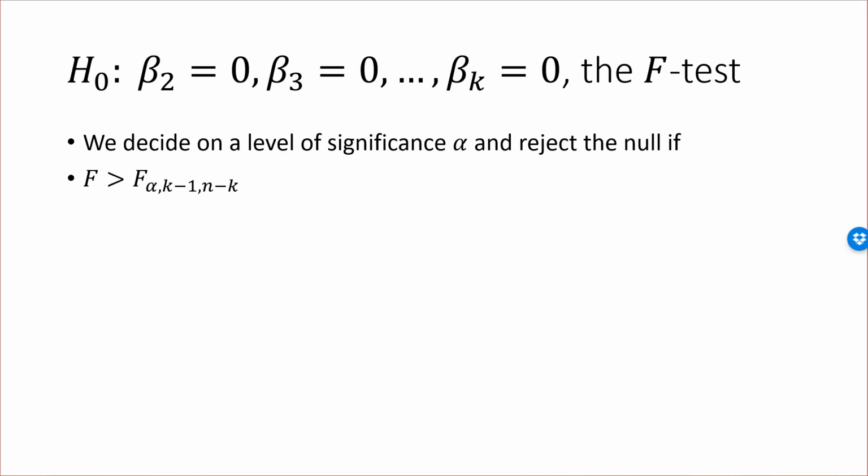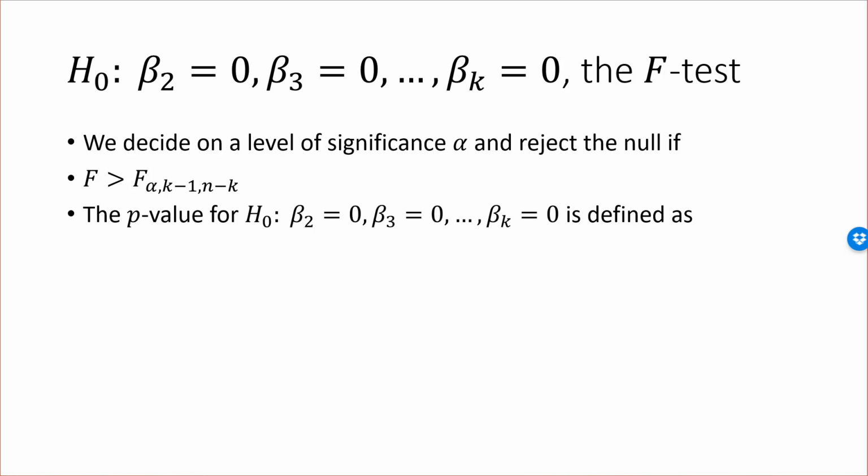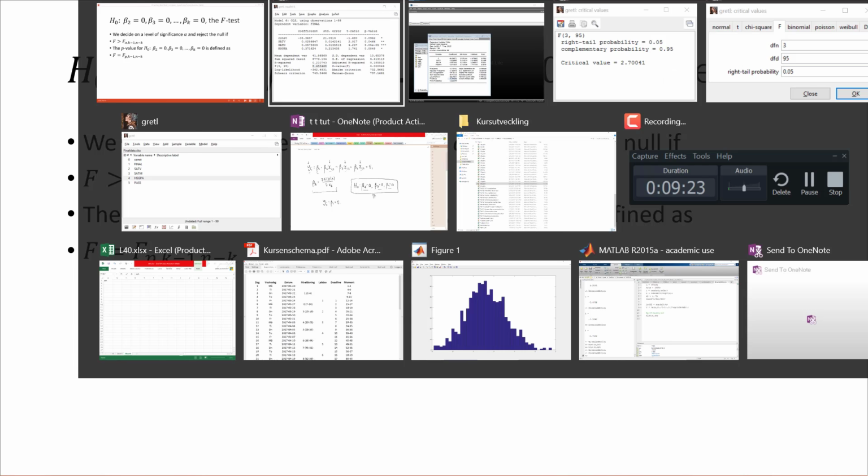All hypotheses can be formulated in terms of p-values instead, and this is no exception. So for this hypothesis, we define the p-value simply as the value of alpha where our F value is equal to the critical value. This p-value is also presented in all econometric software.